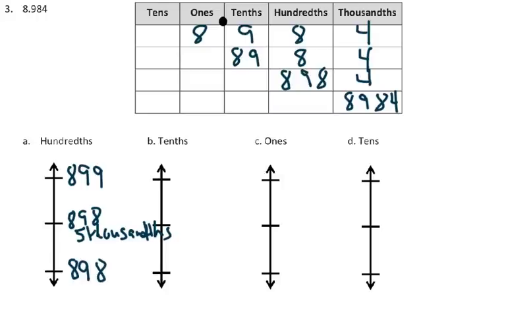Okay, so if I'm looking at the number here, I see that 898 hundredths and 4 thousandths would fall right about here. So that would in turn round to 898 hundredths.